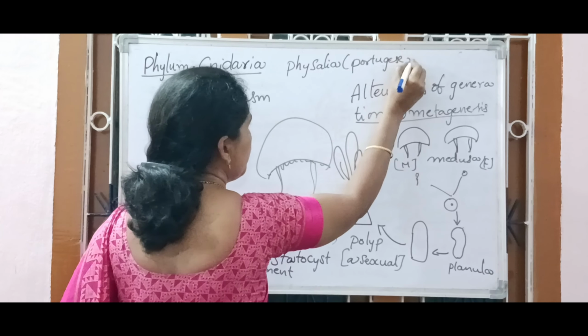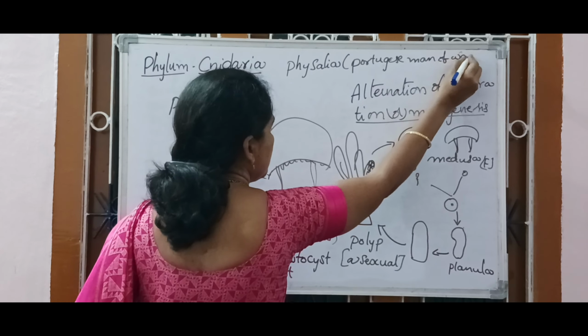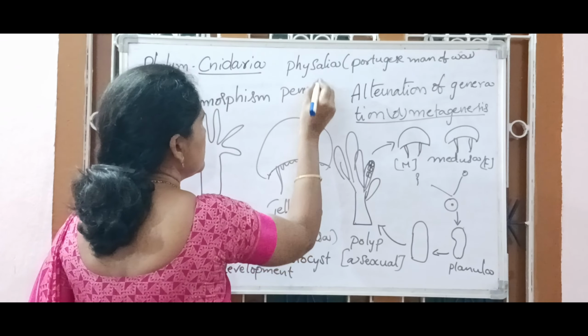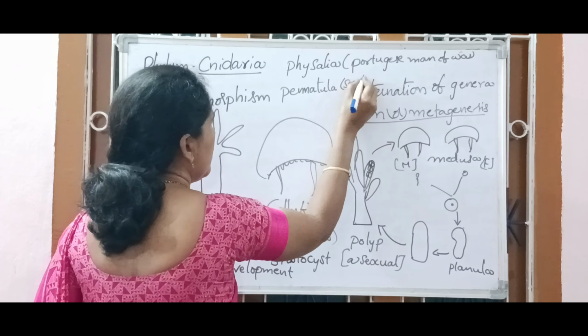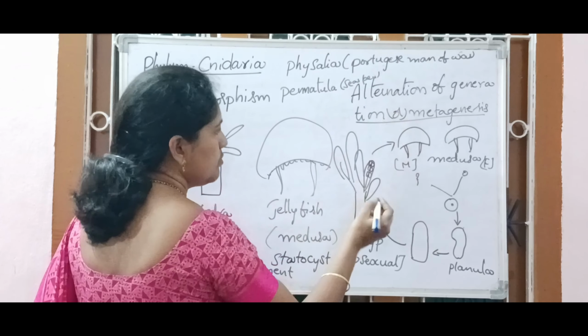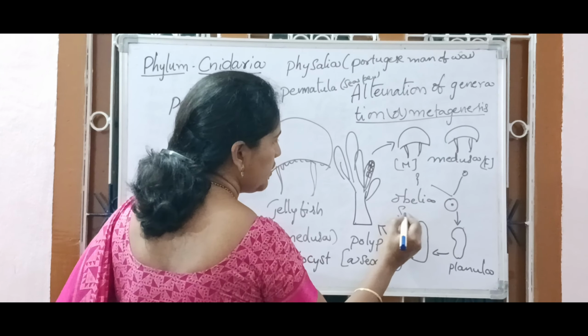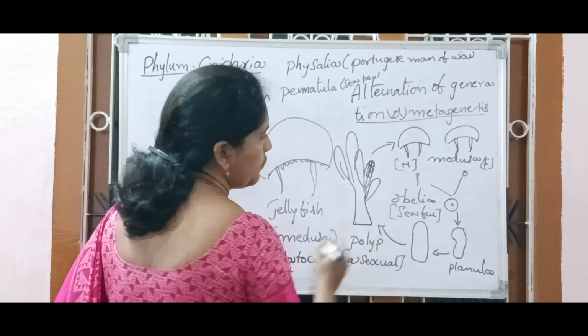Pennatula, which is also called sea pen. Obelia, which is also called sea fur, where we can see the metagenesis or alternation of generation.